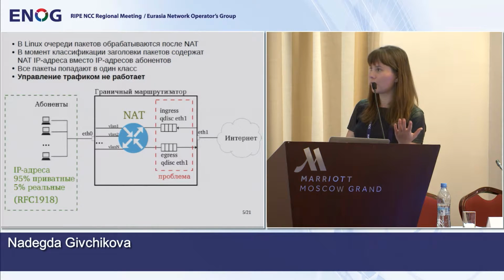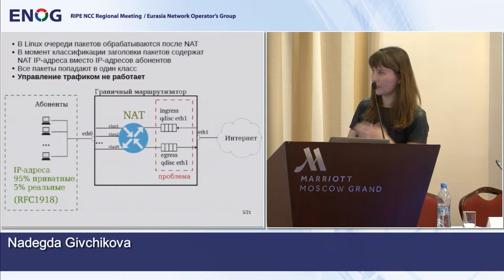It goes through NAT, gets a new internal address, and then goes to the queue. And we see a problem: this subscriber's class should match his address, but after that, he gets a new address and it doesn't work. How can we solve this problem?